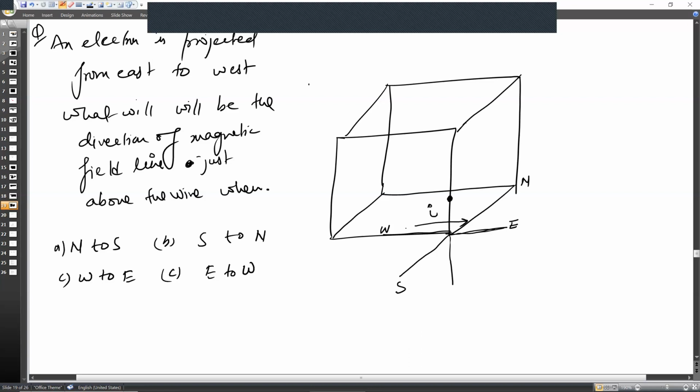Yes, sir. Now, if this is the direction of current I, and it is given that it is observed just above the wire, imagine that you are observing from here. If the current is coming towards you, then it will be anti-clockwise. Sir, it's east to west, right?